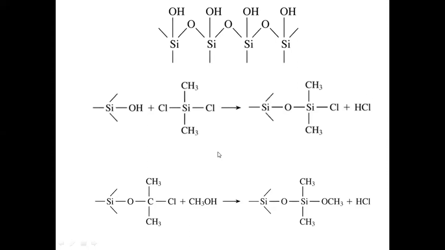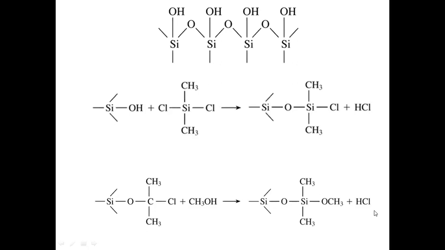This is the first step. In the second step, you take the chlorodisilane ether and wash with methanol or alkali or acid. If you wash this chlorodisilane ether with methanol or acid or a base, you are going to get a pure disilane ether.